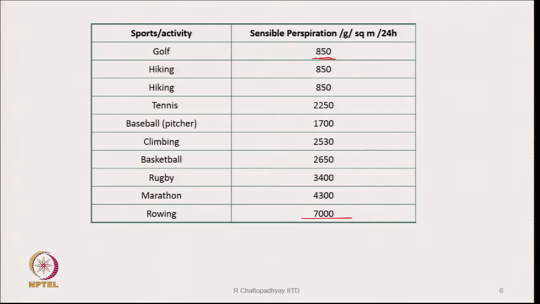Like most sports clothing, the sports are such that people will always generate some sweat, and therefore the clothing that has to be used for such sports activity should be able to tackle the sweat that we are generating.